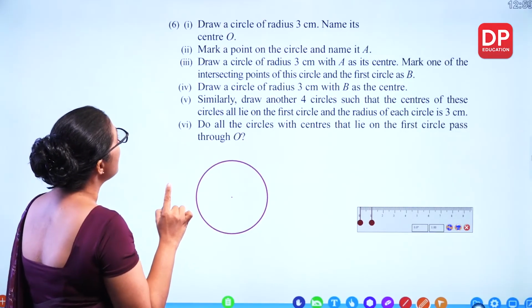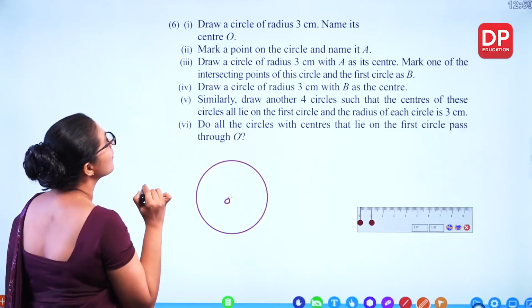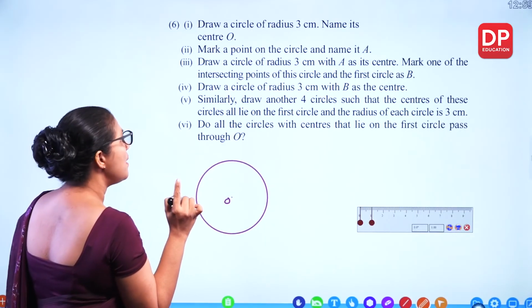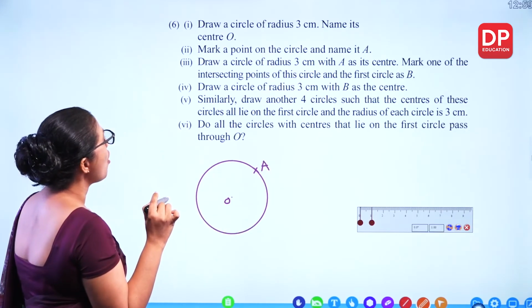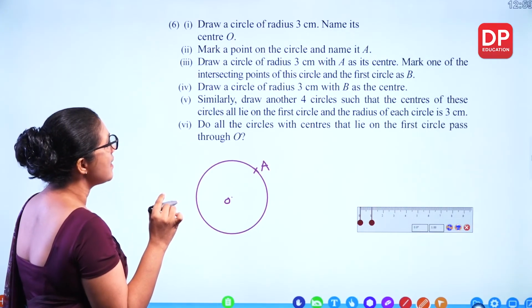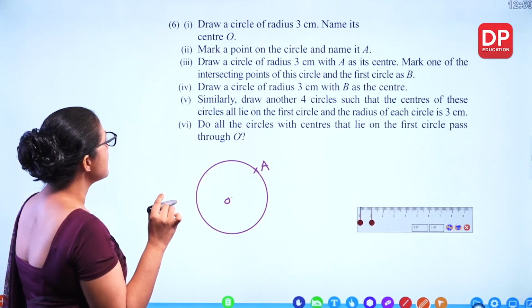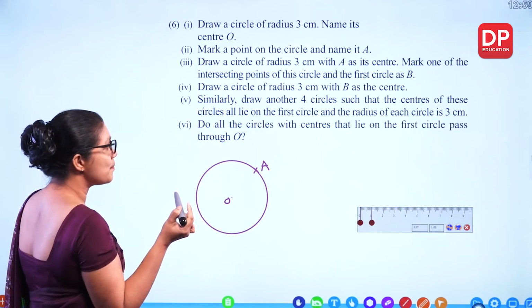Mark the center O. Mark a point on the circle and name it A. Draw a circle of radius 3 centimeters with A as its center. Mark one of the intersecting points of this circle and the first circle as B.